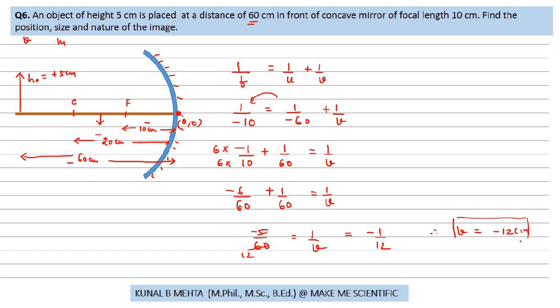As expected, our answer should be between 10 and 20 because the image should be formed between F and C, and the image should be on the left hand side of the pole or the mirror. So we are good to go over here. This is the first answer.